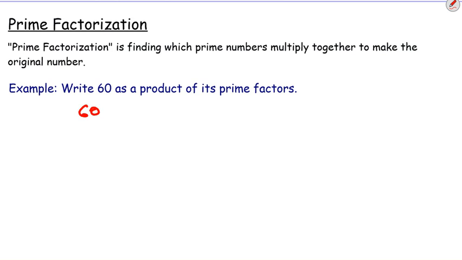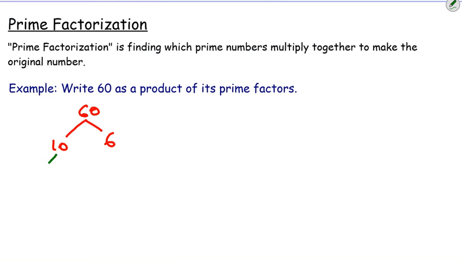So we can use a factor tree. Now think of what 2 numbers can I multiply to get 60? Any 2 numbers. For example, 10 and 6. And then we want to keep on thinking of numbers that we can multiply to get each of these until we end up with the prime numbers.